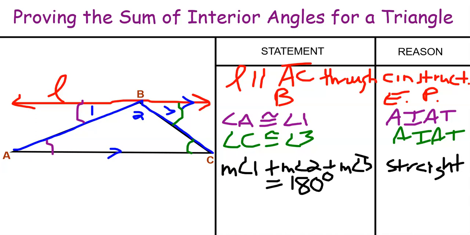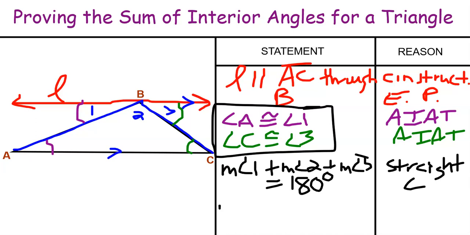They're not a linear pair. You could call them a linear triplet if you wanted to. That's not really a term that we use, but it works very well in describing it. So angle 1 plus angle 2 plus angle 3 creates 180 degrees, and we have two other angles that are congruent to angle 1 and angle 3.